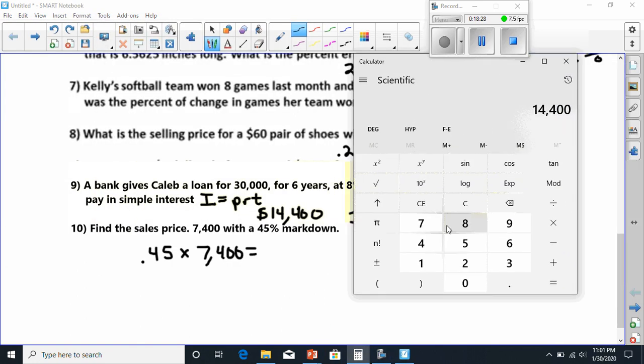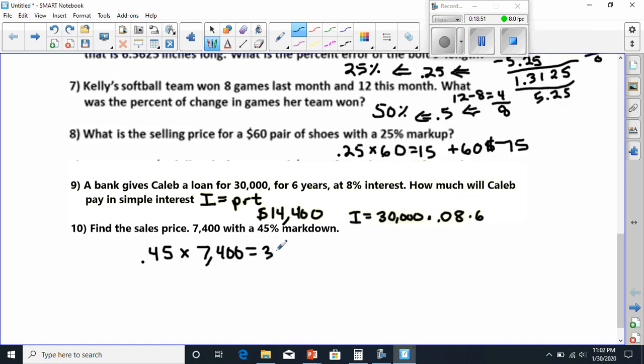7,400 times 0.45. And that's going to give us 3,330. I'm going to double check that. 7,400 times 0.45. Yep, 3,330. And now we've got to remember to subtract that from the original amount.